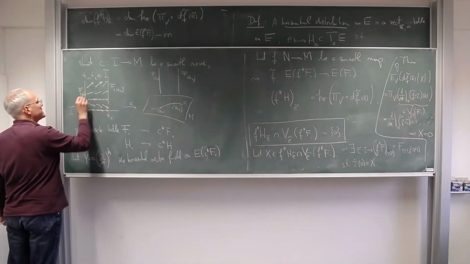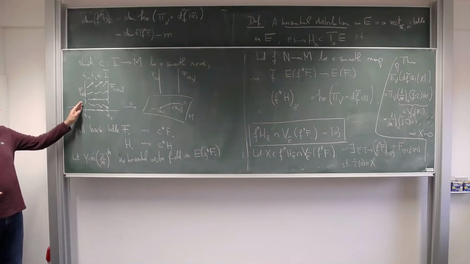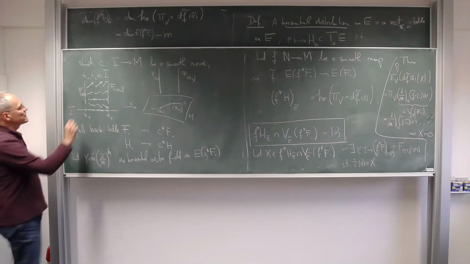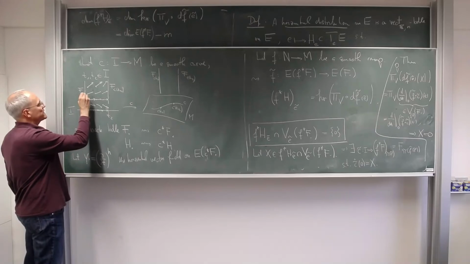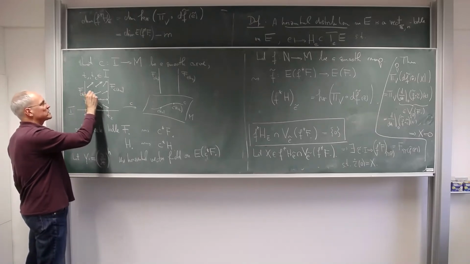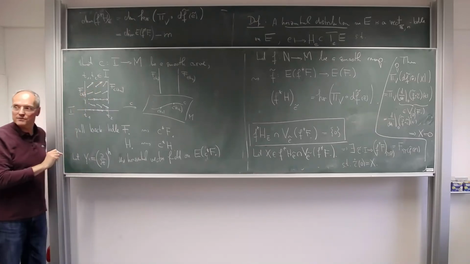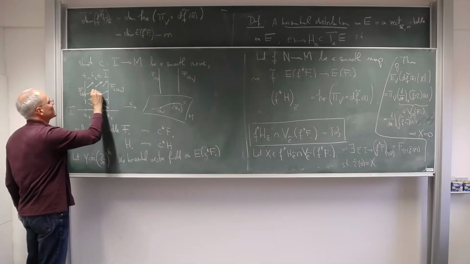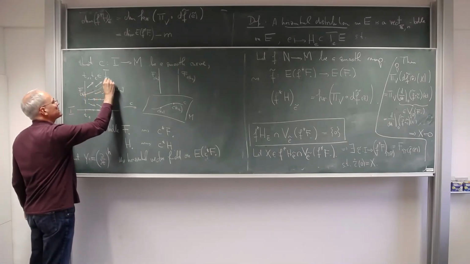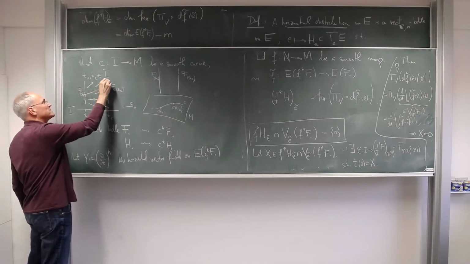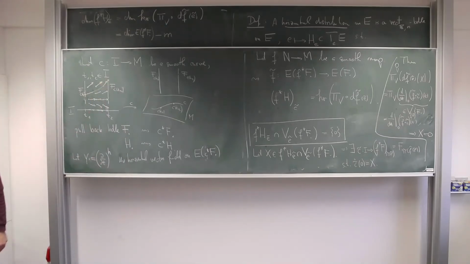When I have a point here on the left fiber, I just take this point as my initial value and look at the corresponding integral curve along this vector field. So I look at the integral curve and I follow it until I hit the other fiber.